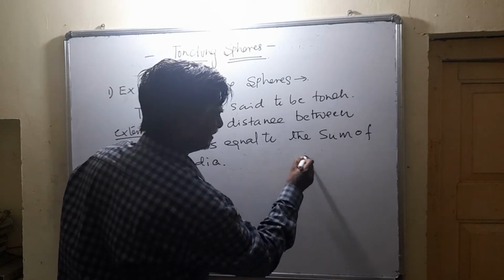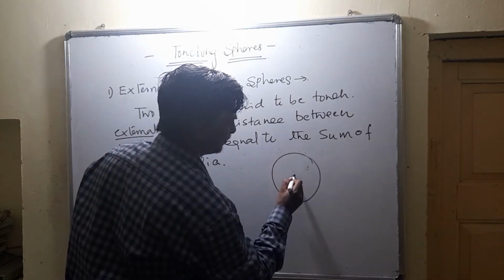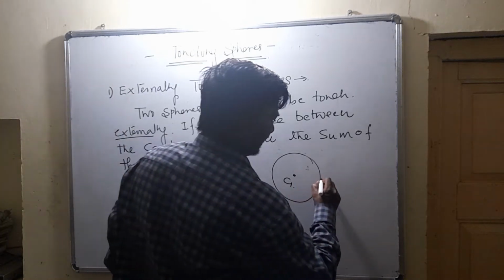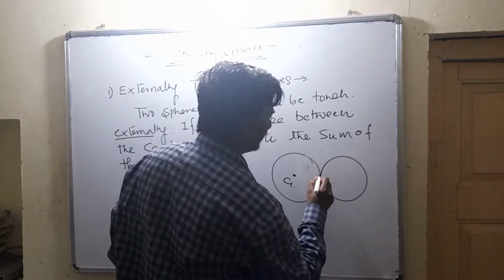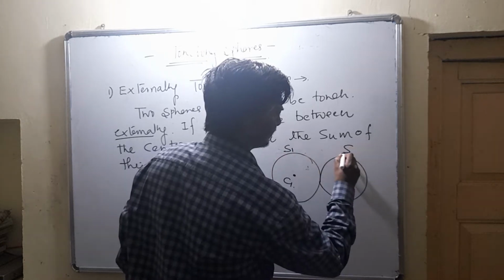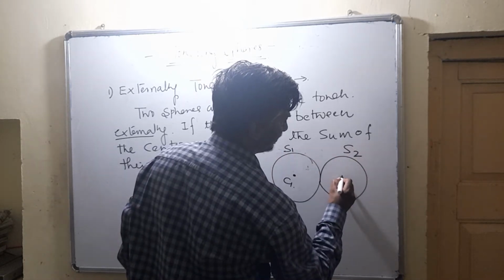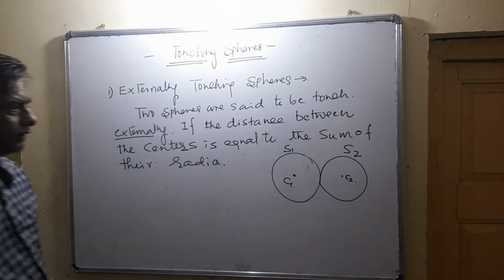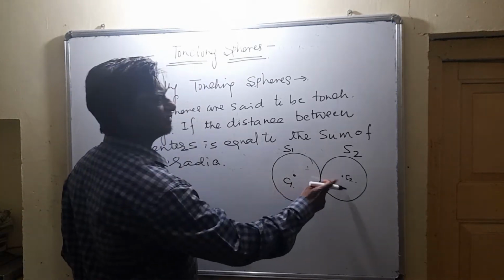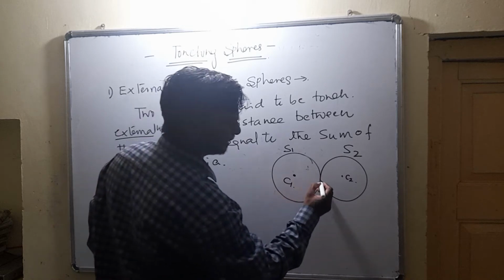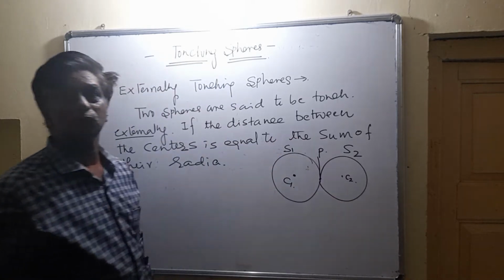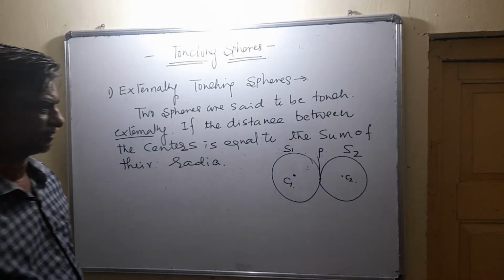Very simple. This is one sphere S1 with center C1, and another sphere S2 with center C2. If these two spheres touch externally at this point, P is known as the point of contact.